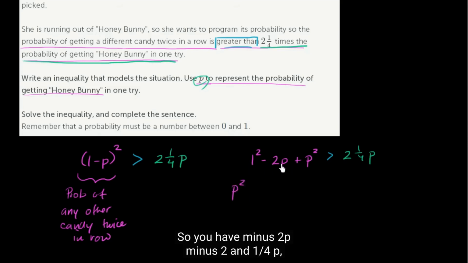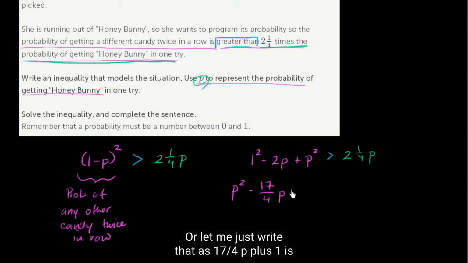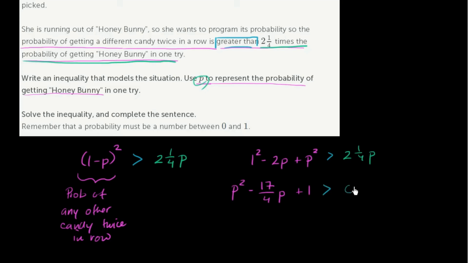So you have minus 2P minus 2 1/4 P. That's going to get us minus 4 1/4 P. Or let me just write that as 17 over 4 P plus 1, and that is greater than 0.